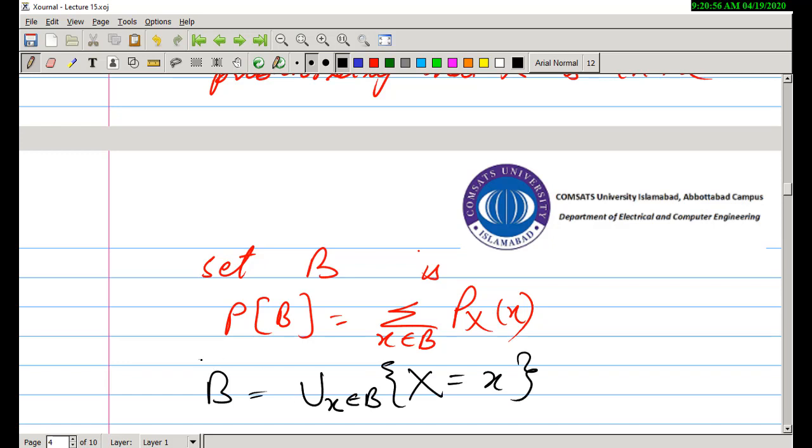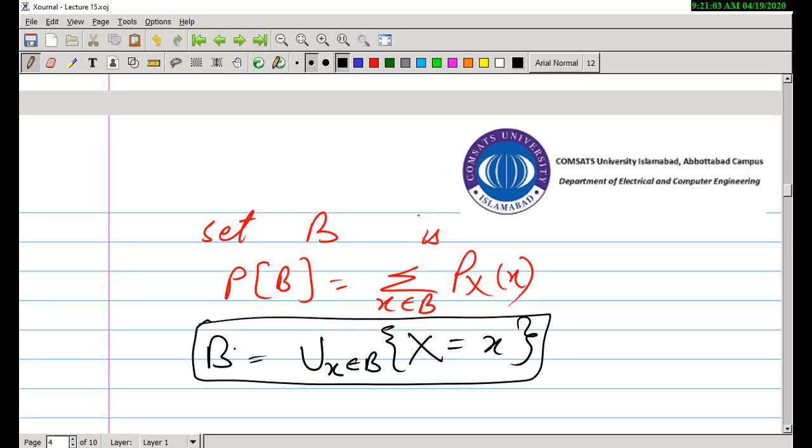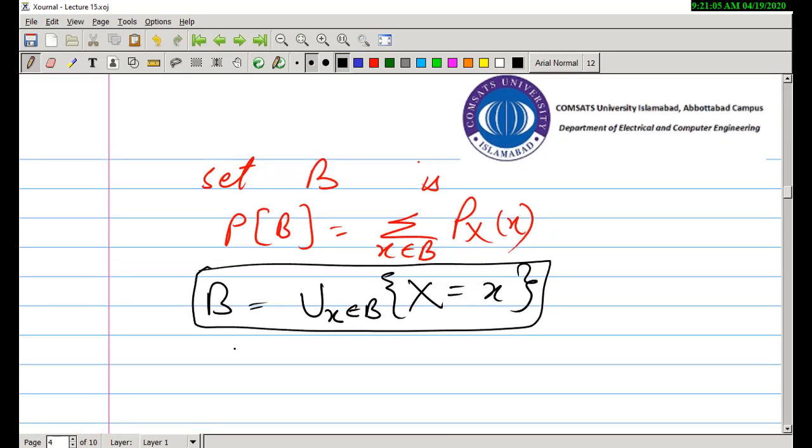So this is actually the same axiom that we have studied: the probability of a union of a collection of events is equal to the sum of the individual probabilities of that collection of events. So this is the same. Don't worry, this is just written in this form because it is a probability mass function. Now you can understand that it is defined for this scenario.